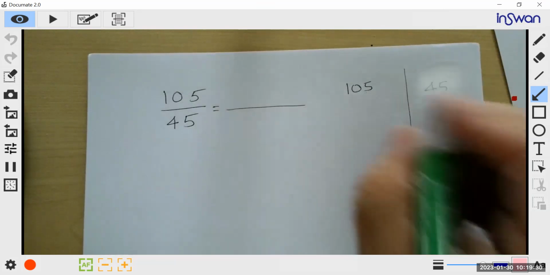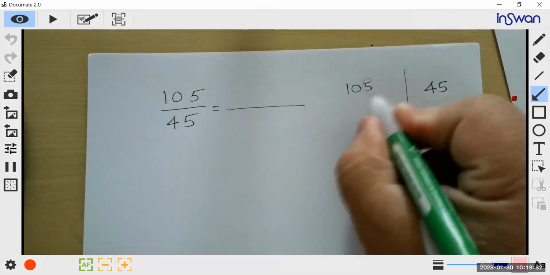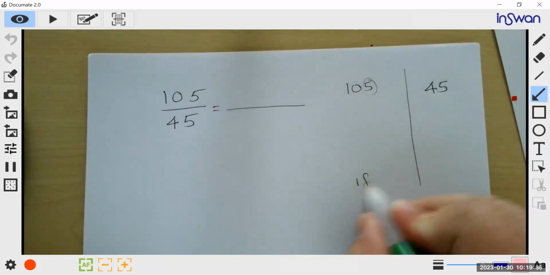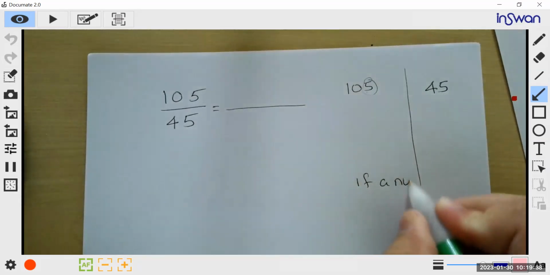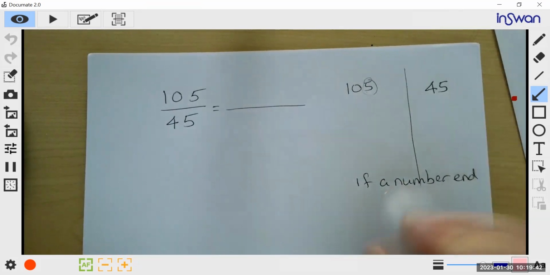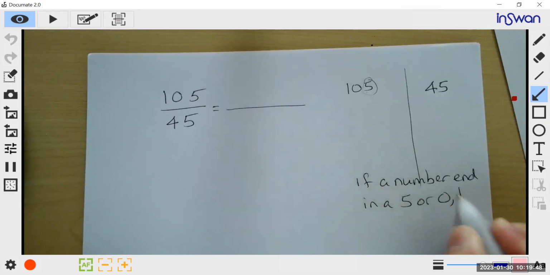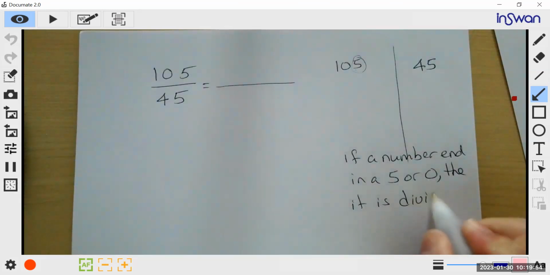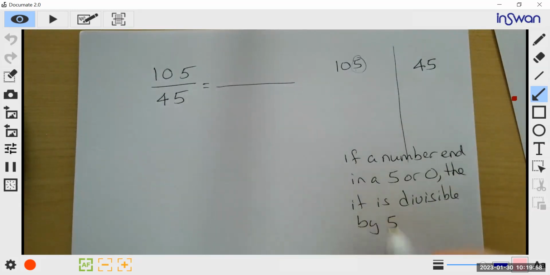So 105 is made up of, well, since it ends in a 5, if a number ends in a 5 or 0, then it is divisible by 5.